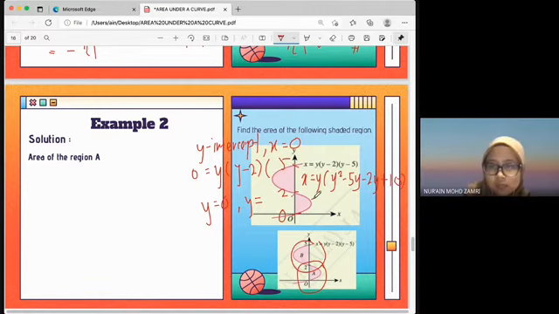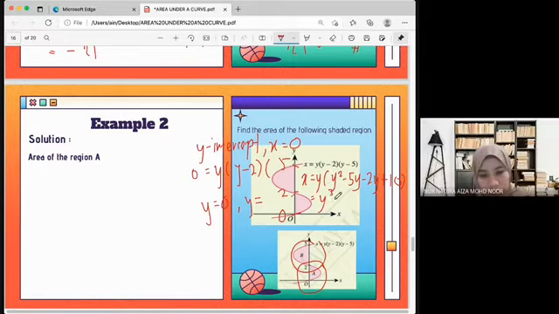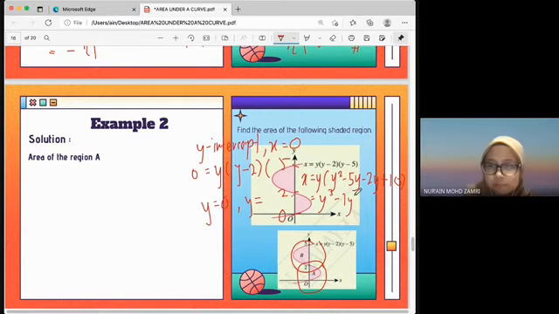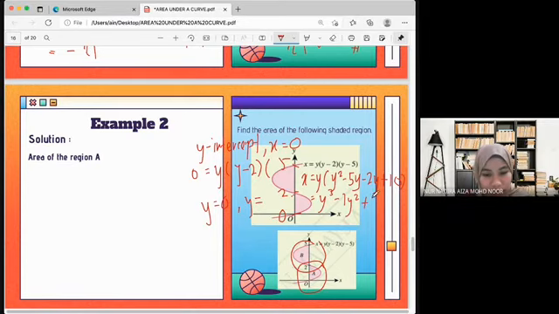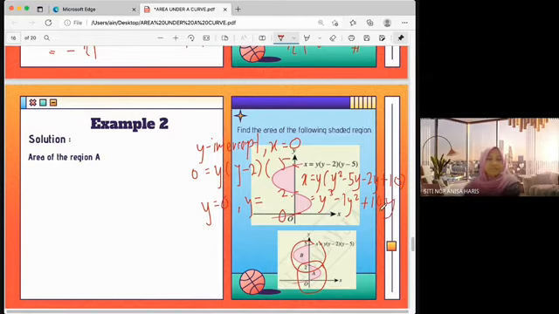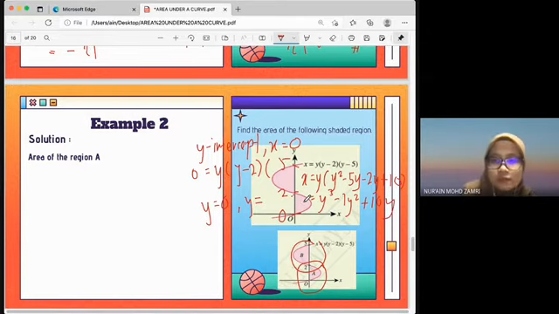And then you multiply with y at the front, you will get y cubed minus 7y squared plus 10y. Right, so you have expanded the function.